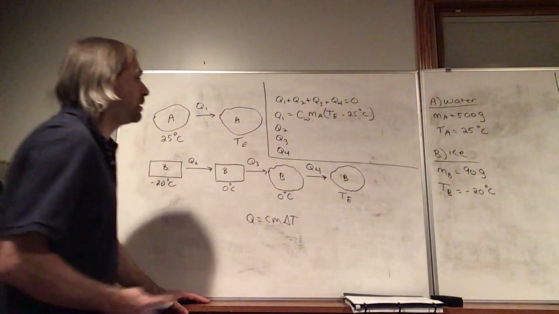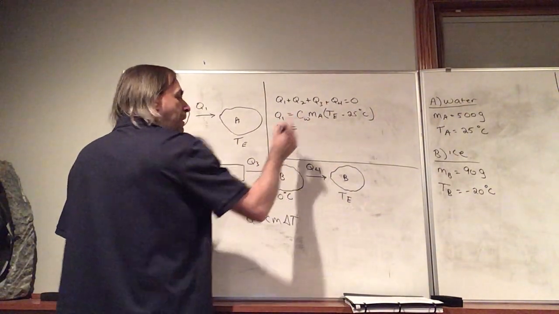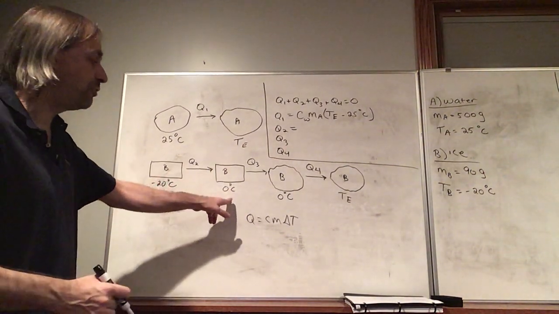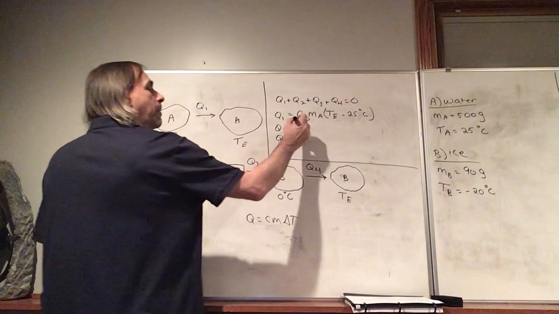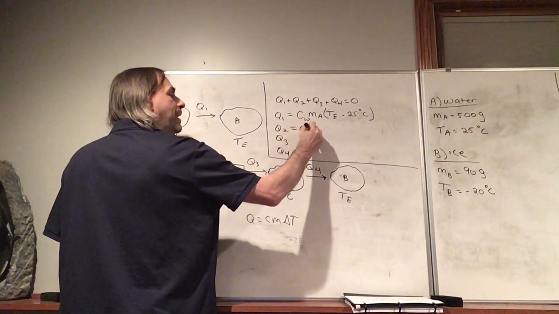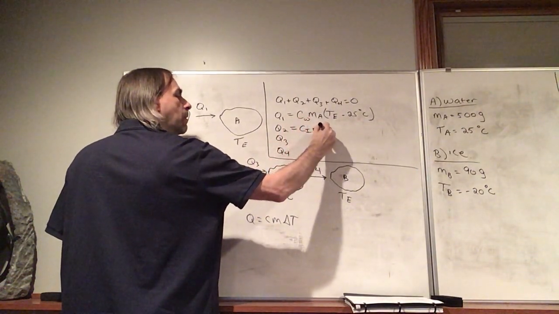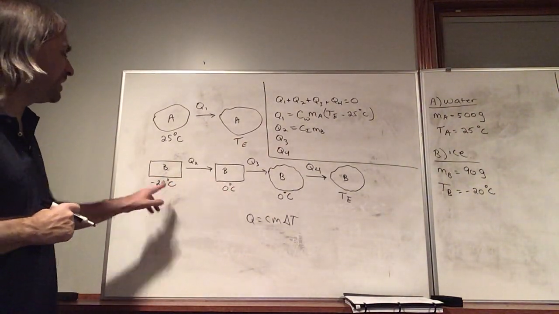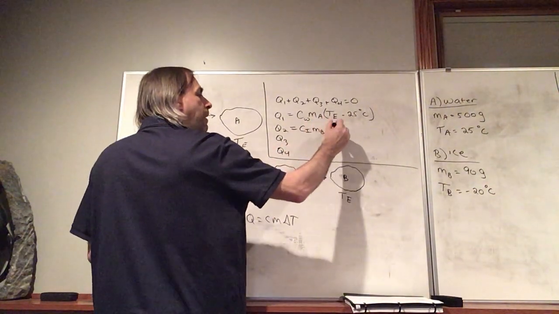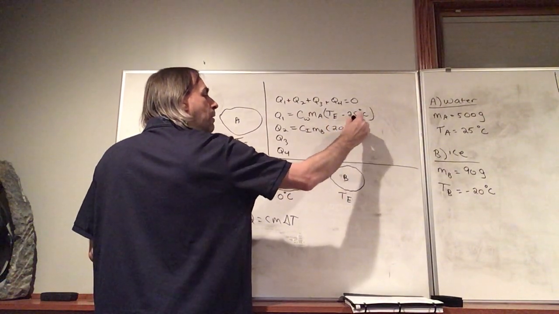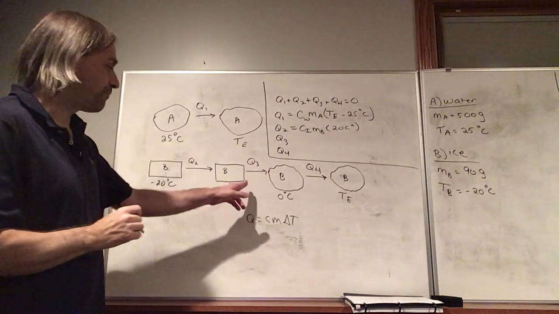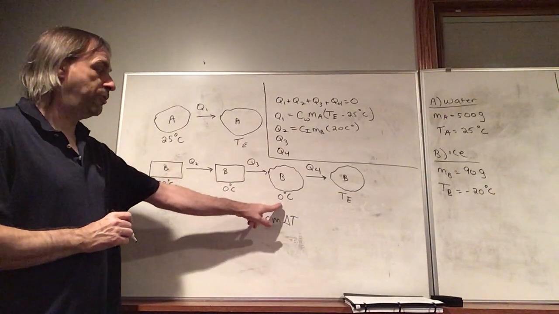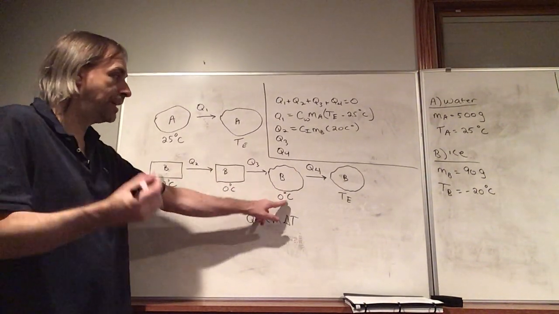Okay, so that's Q1. Now again, to find Q2, well, here we are. This is a temperature change, so we're using this equation. But now we have the specific heat of ice. Now, delta T, we're going 0 minus negative 20, so that's just going to be 20 Celsius degrees. Now, Q3 is not a temperature change. We're at 0 degrees, we're ending at 0.